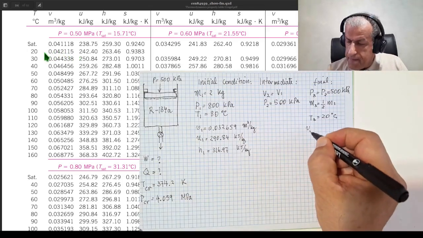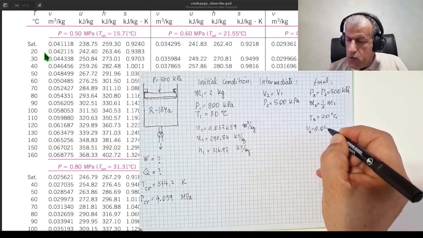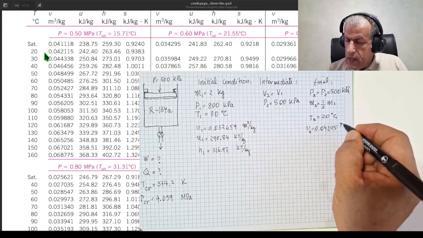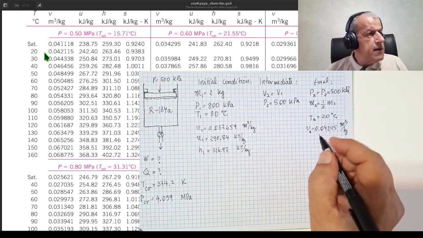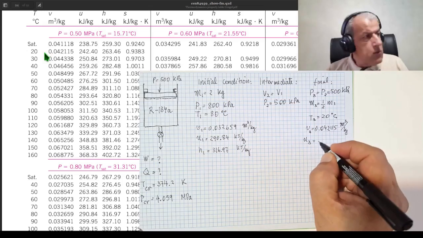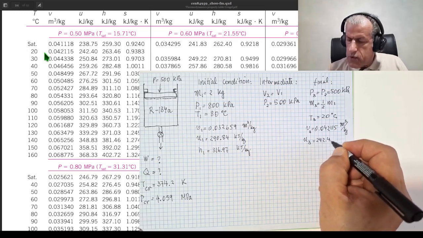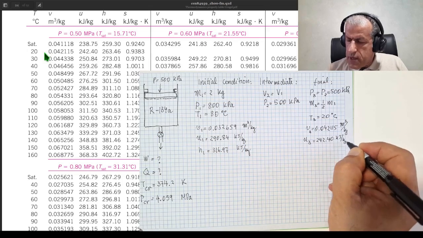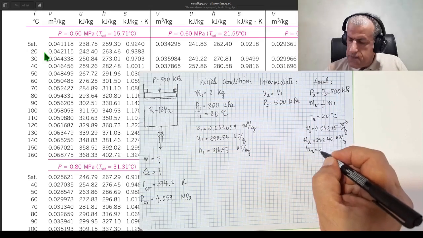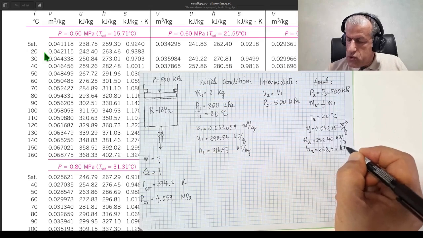V3 equals 0.042115 cubic meters per kilogram, and U3 equals 242.40 kilojoule per kilogram, and H3 equals 263.46 kilojoule per kilogram.